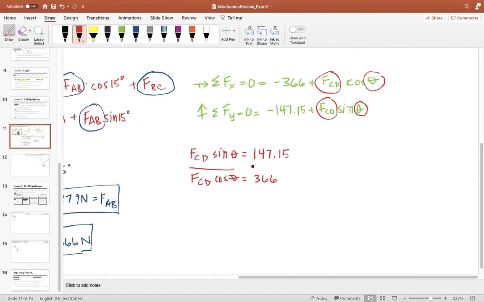So this side equals this side. What's nice about this is that it'll cancel the unknowns that I don't care about yet. This will become tangent. So tangent theta will equal some value. Does anyone have what that decimal is? It comes out to about 0.4019.